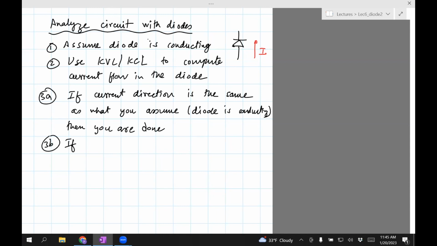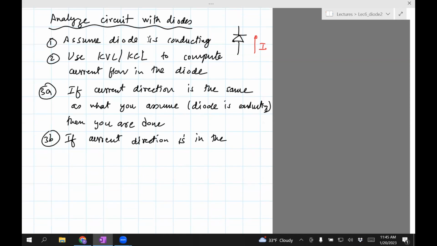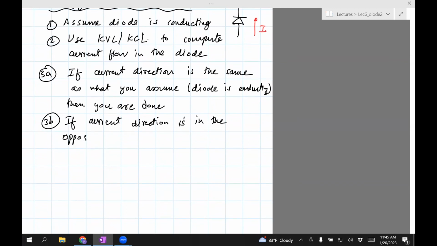If the current direction is in the opposite direction, then the diode is not conducting.